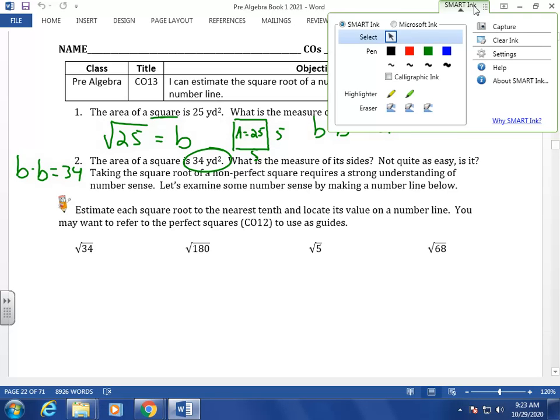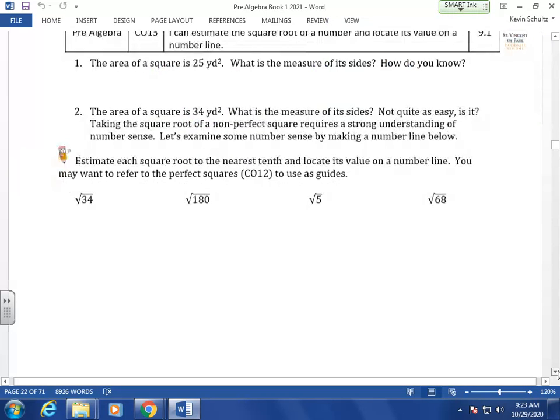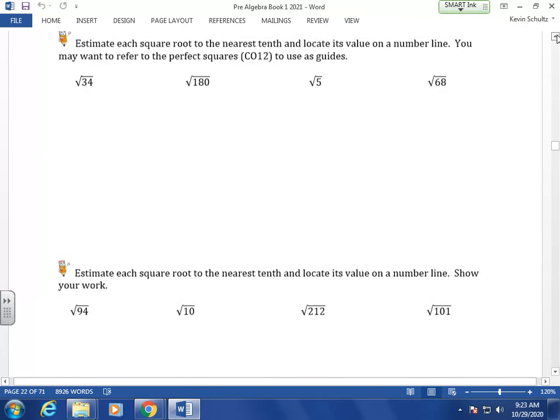So let's look at our practice section here. Okay, we want to estimate what the root of 34 is. And I note that CO12 here, the perfect squares on CO12 are definitely going to help you. Okay, because we know that the perfect square smaller than 34, the next perfect square smaller than 34 is what? 25, right?